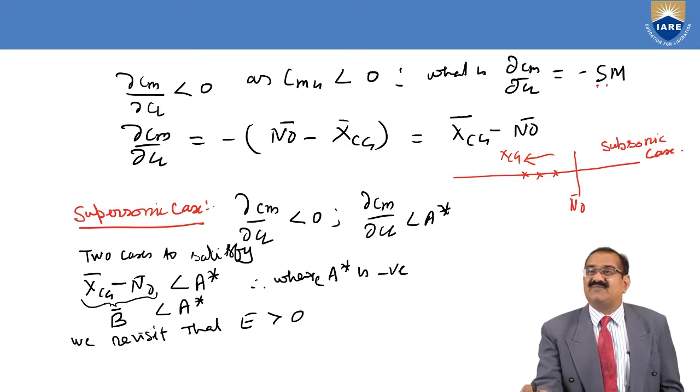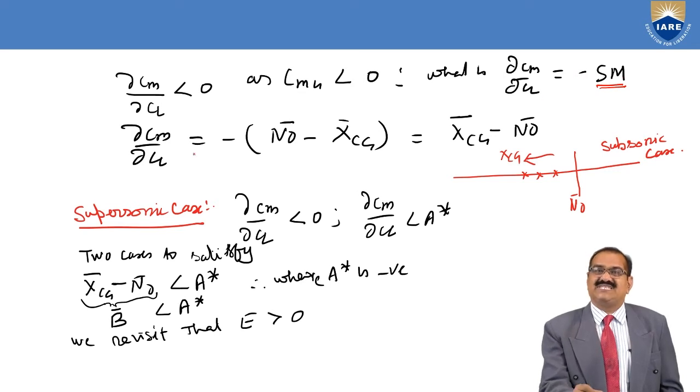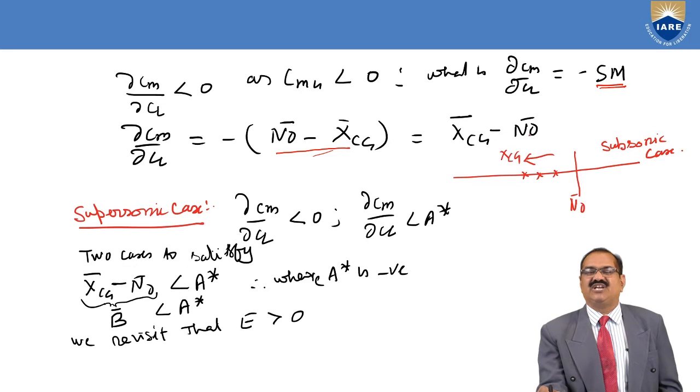It is called the static margin. So dCm by dCl is minus Sm. What is the static margin? It is the neutral point N naught bar minus xCg bar, the difference between the neutral point and the center of gravity point. And due to this minus, it has become xCg minus neutral point.